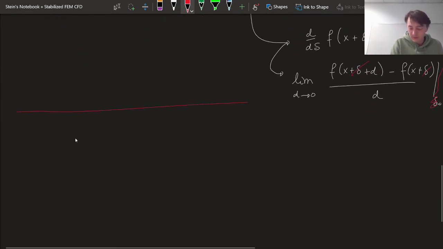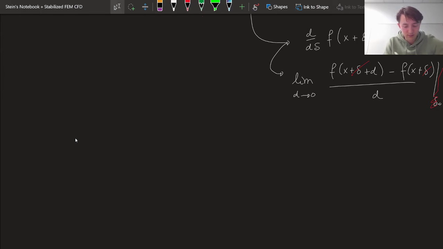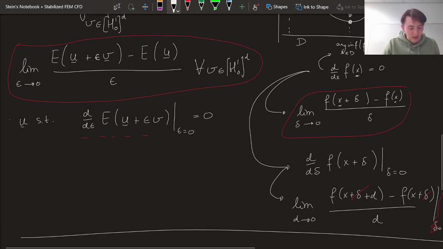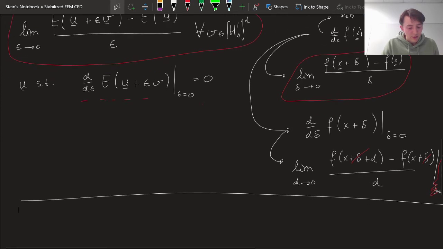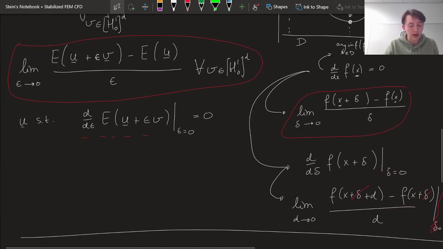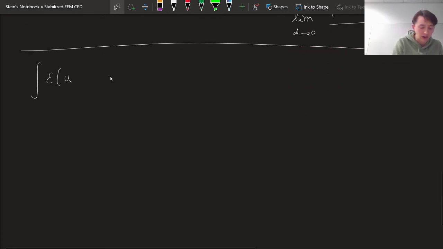So what is the energy of u plus epsilon v? That's going to be the integral over the domain of the strain of u plus epsilon v.